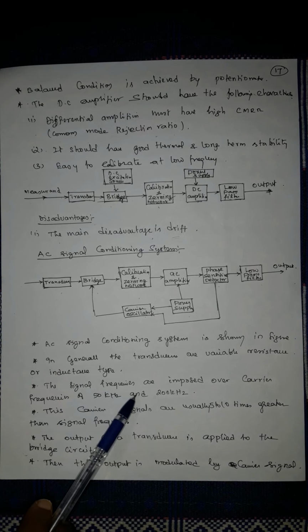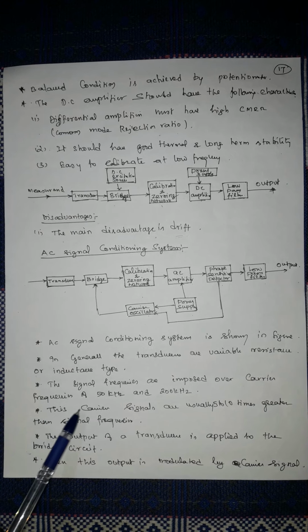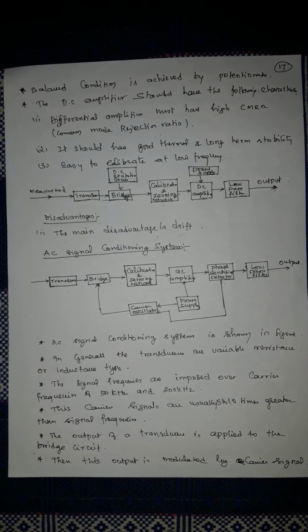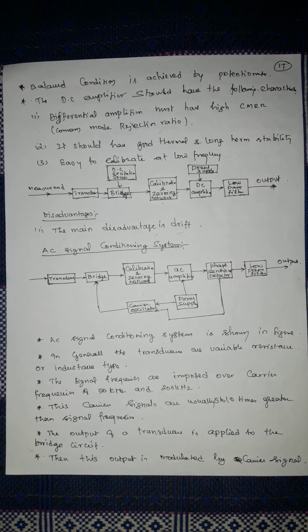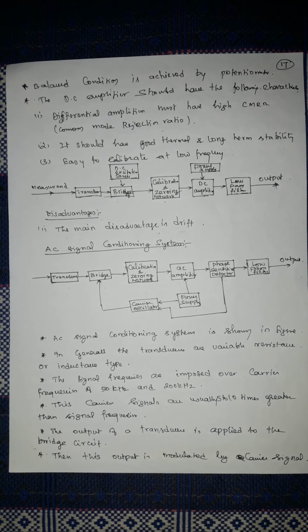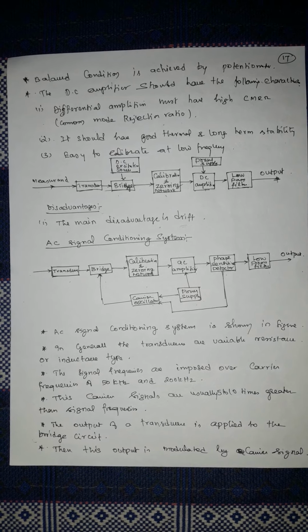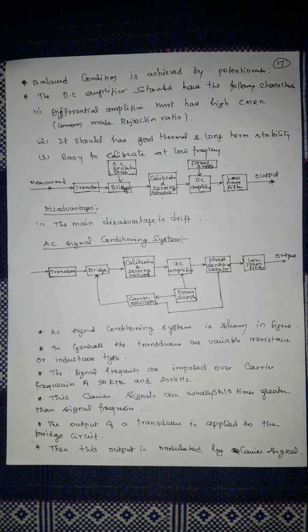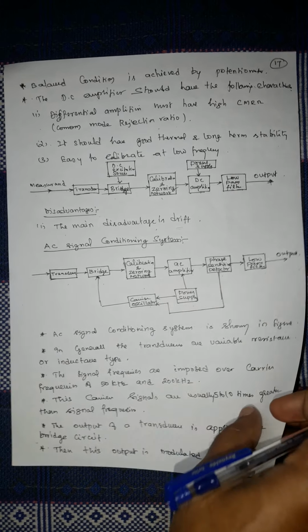The signal frequency is imposed over a carrier frequency between 50 kHz and 200 kHz. These carrier signals are usually 5 to 10 times greater than the signal frequency. The output of the transducer is applied to the bridge circuit, and then this output is modulated by the carrier signal.